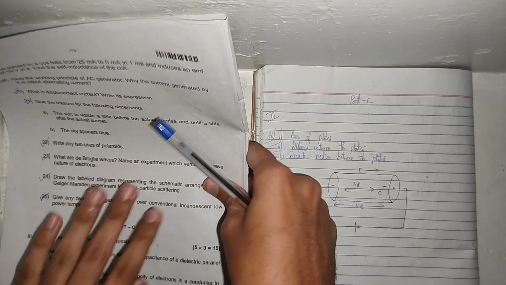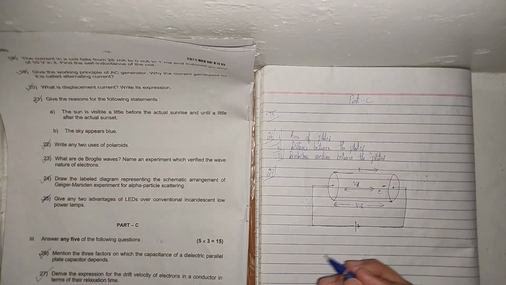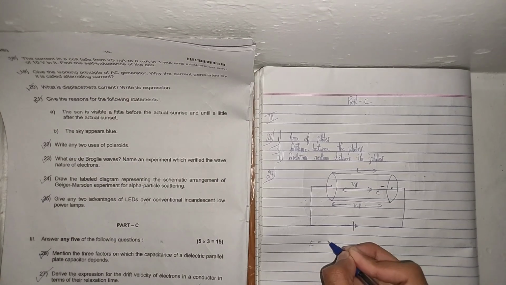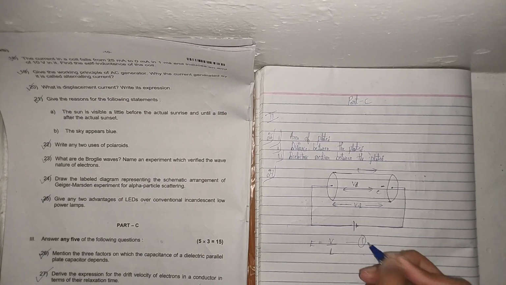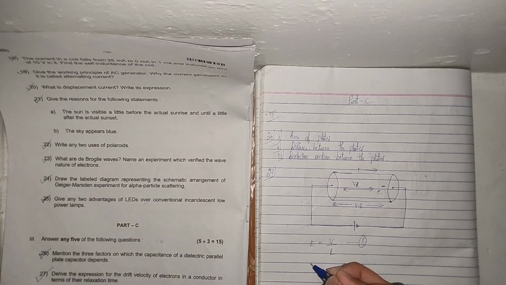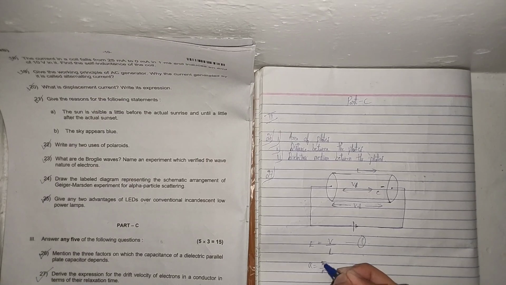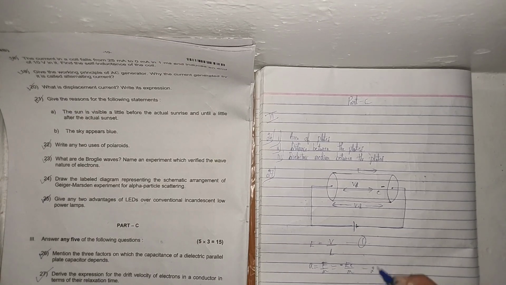Here only I have written the diagram. So let us write the expression. First expression is E is equal to V by L. This is the first expression. Then the second equation, a is equal to F by m, that is equal to minus eE by m. This is equation 2.